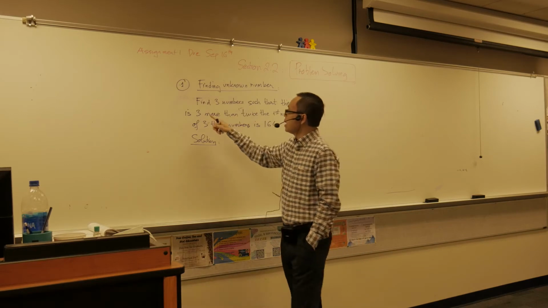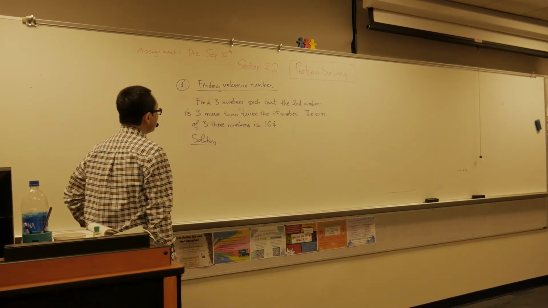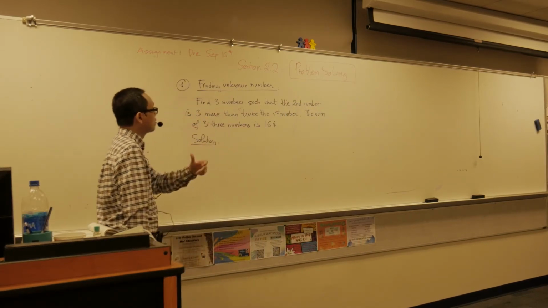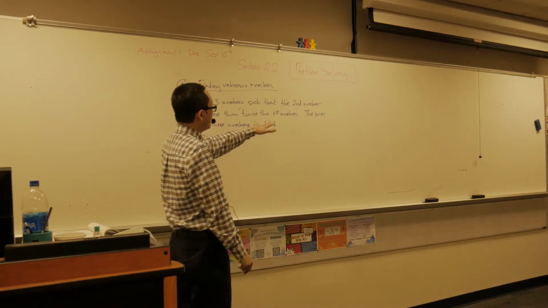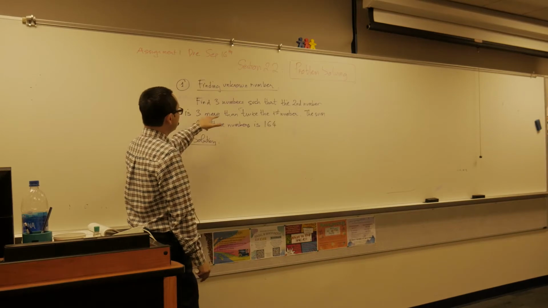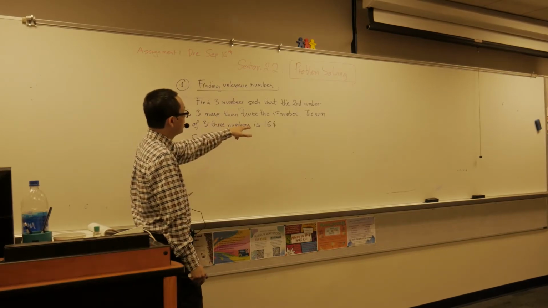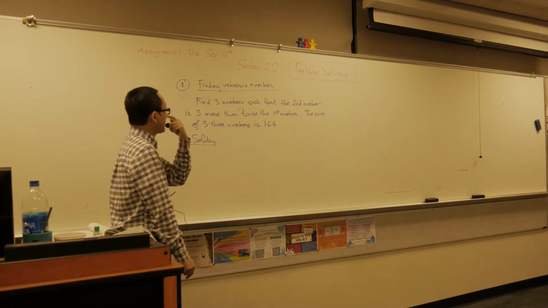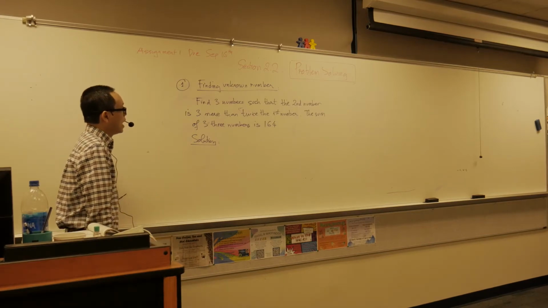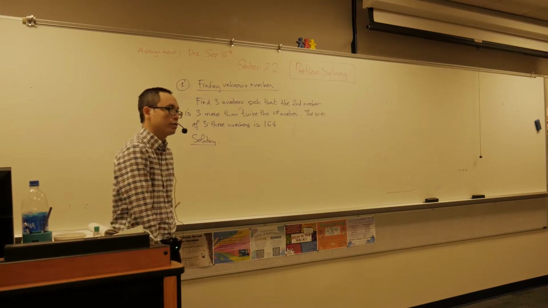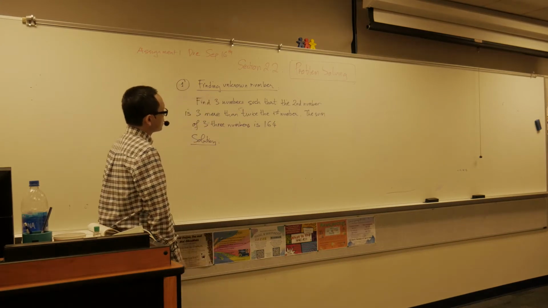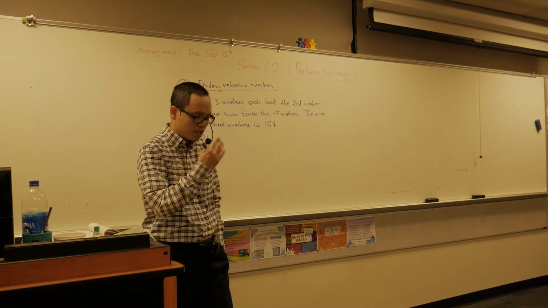So over here, they ask you to find what? They ask you to find three numbers, so that the second number is three more than twice the first number, and the sum of the three numbers is 164. So that is the information they gave us. So how are we going to set up the equation here?